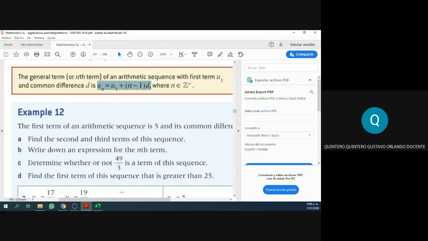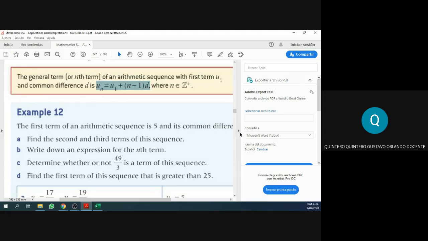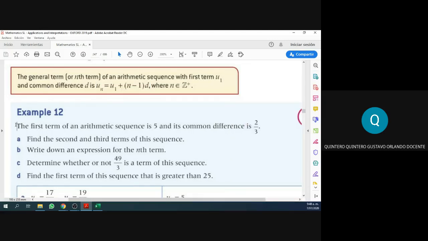Let's go ahead and try this one, this exercise, please. A, B, C, and D, all right? I want you to try it yourselves, guys. I am going to do it in the board, but only after a couple of minutes.